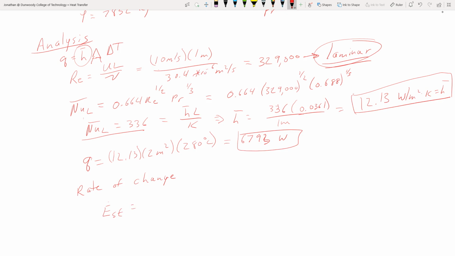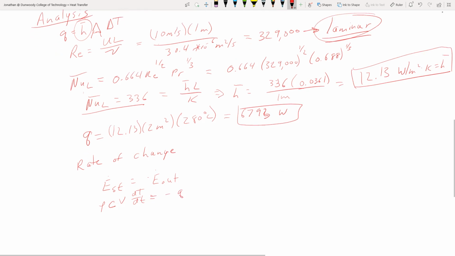It's going to be what we have leaving, right? So negative E out. So we have rho C V dT/dt equals negative Q, right? So that first bit that we had there.